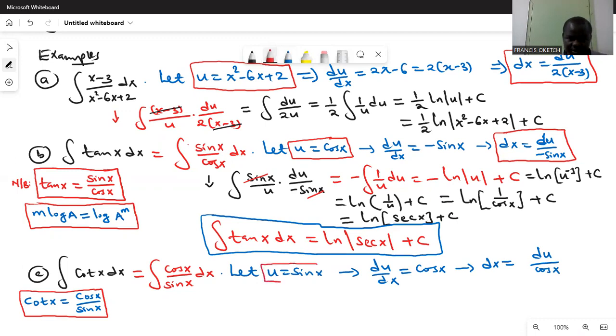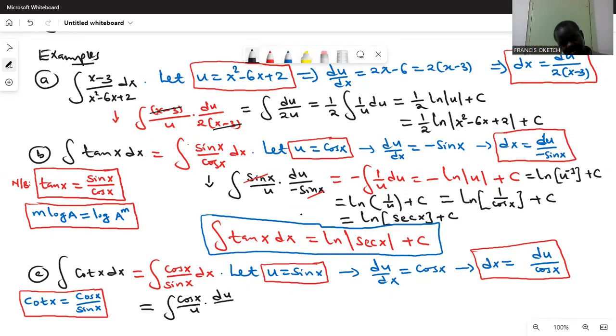We have u is equal to sin x, very important, and dx is equal to du over cos x. As I told you previously, every time you make a substitution, you must also find the corresponding differential, the derivative. So what will our integral look like? It will now be the integral of cos x over u, and instead of dx, I'll write du over cos x.